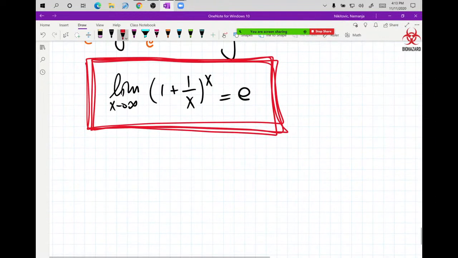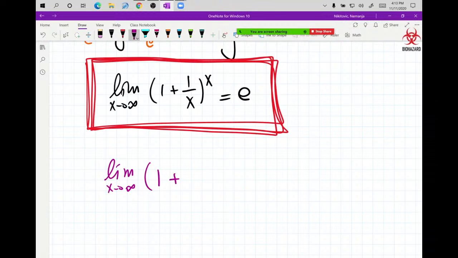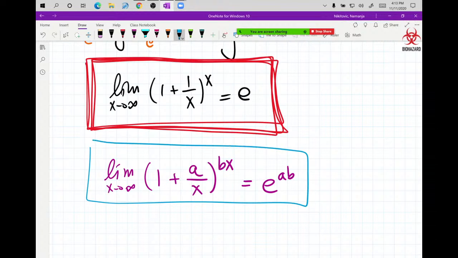Now I'm going to give you an even more powerful formula to digest in your free time. And that is (1 + a/x)^(bx) = e^(ab). I will call this the boss formula, because obviously when a and b are 1, you get just e.